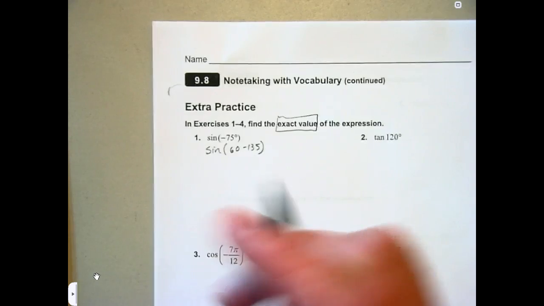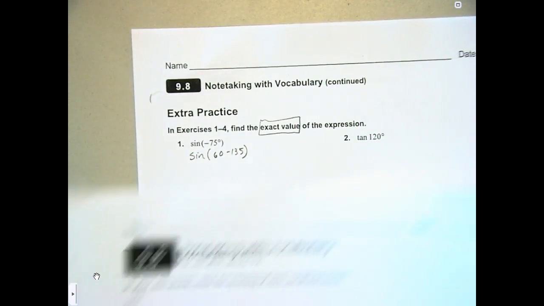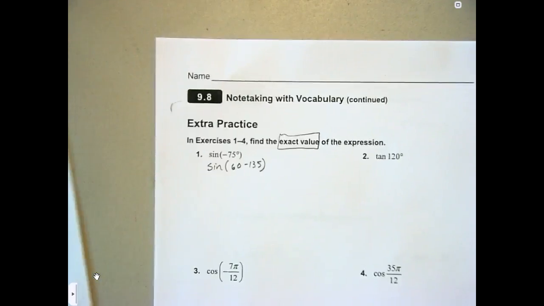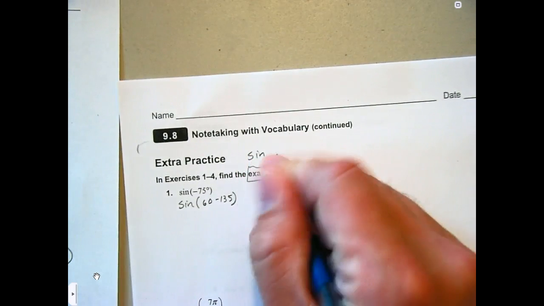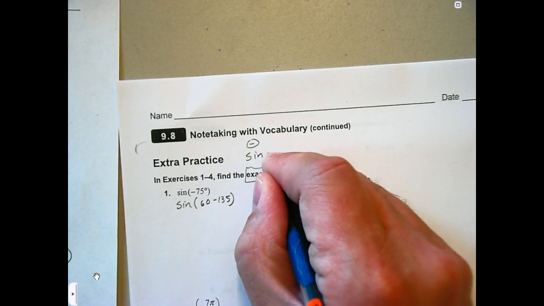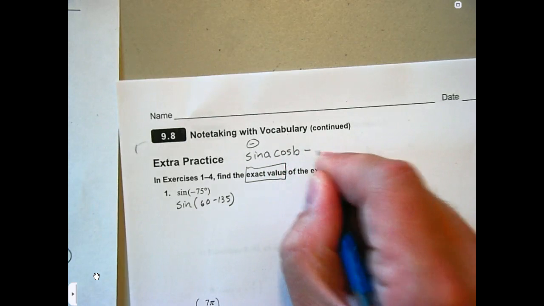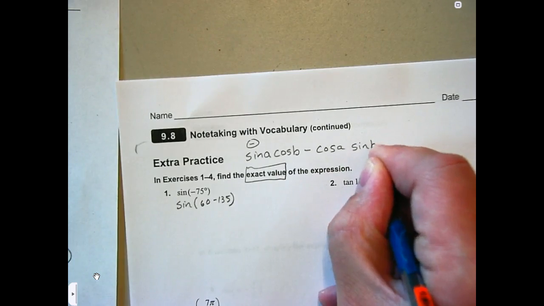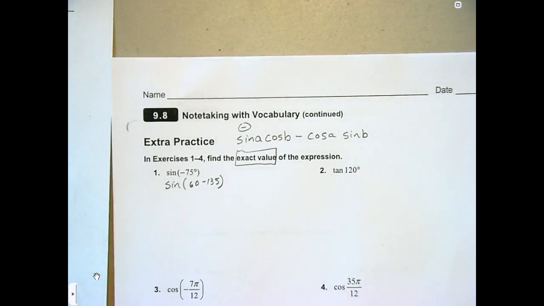So sine of 60 minus 135, if we're using our difference formula, the difference is sine A cos B minus cos A sine B. That's the difference formula for sine.